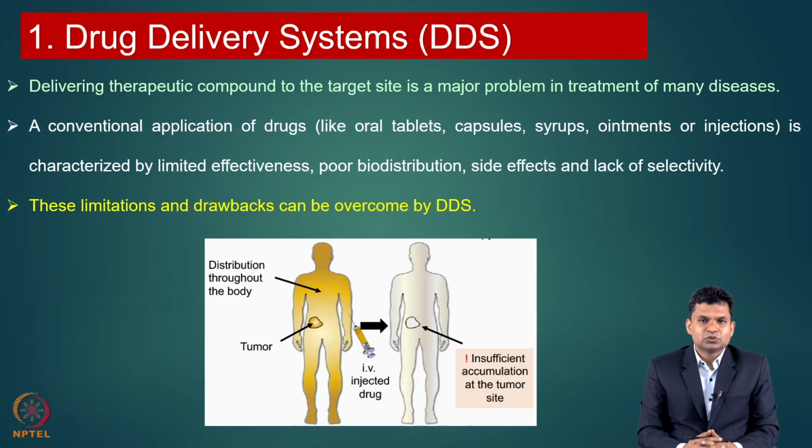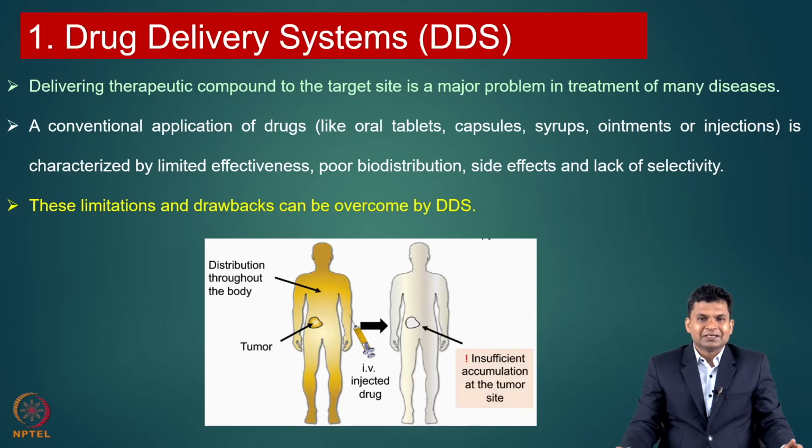Once through the NDA, the new drug approval process, after 2 to 3 years of review by the regulatory bodies, they will give approval for marketing. And the story does not end at that stage. So today we are going to discuss drug delivery systems. So far we have discussed drug discovery and development.